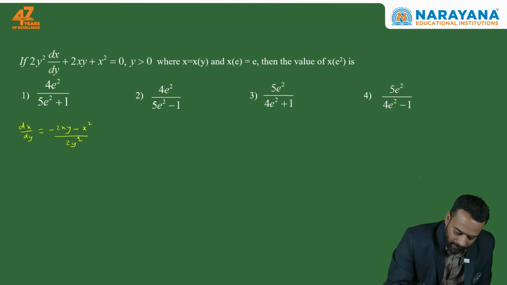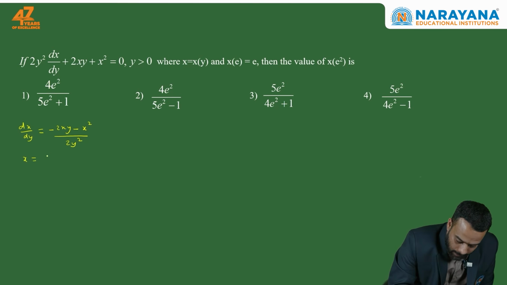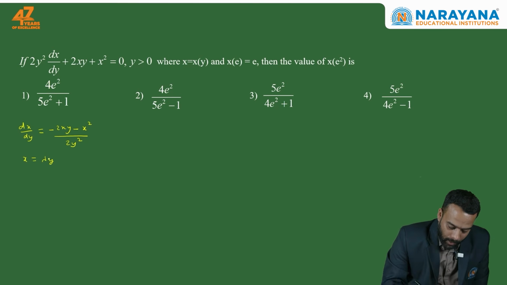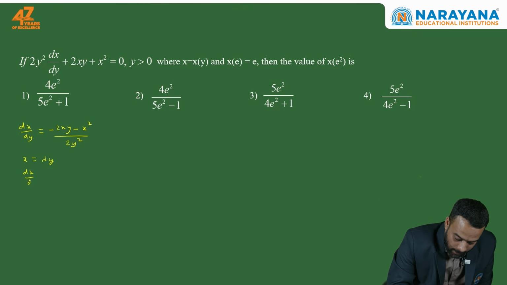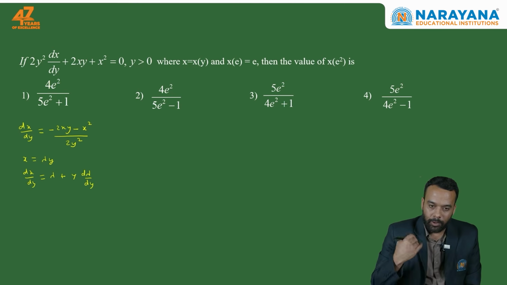So we can very easily see that we are dealing with homogeneous format. So I will start with the substitution x is equal to lambda y. So now dx by dy is going to become lambda plus y d lambda by dy. Now we'll plug in the substitution in the original equation.